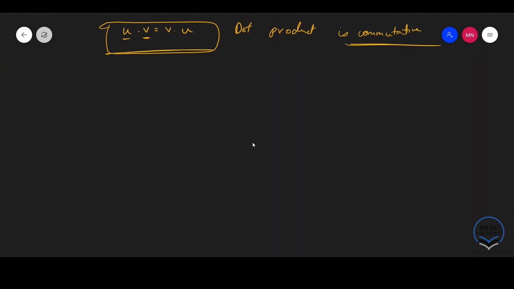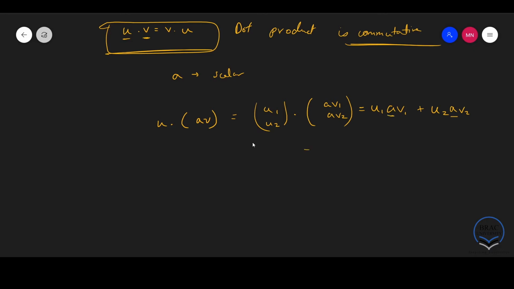Now let's say that I have some scalar quantity a. Then the dot product of u with the vector v multiplied by this scalar is u1, u2 dot a v1, a v2, which equals u1 a v1 plus u2 a v2. I can factor out the scalar quantity and have a times u1 v1 plus u2 v2.